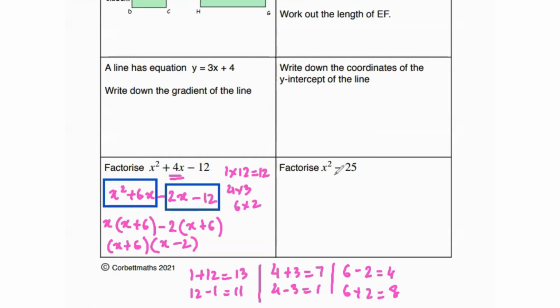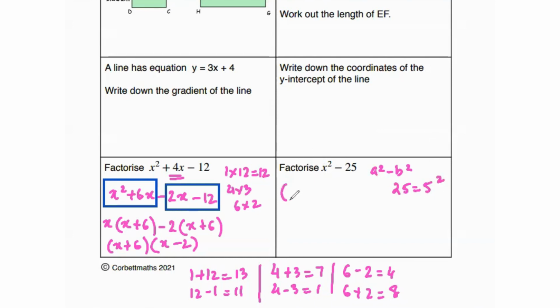Then for the next question, it says factorize x squared minus 25. This is following the rule of difference of perfect squares. By a difference of perfect squares, what I mean is that we have two perfect squares being subtracted. As you can see, x is being squared and 25 is basically 5 squared.